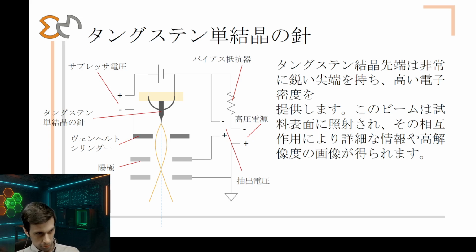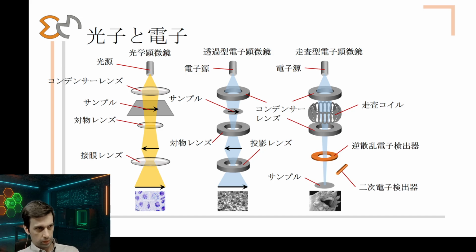So if we just look at the schematics of a light microscope and an electron microscope, either scanning electron microscope or transmission electron microscope, the structure more or less is the same. You always have a source of something, which is either light or electrons.